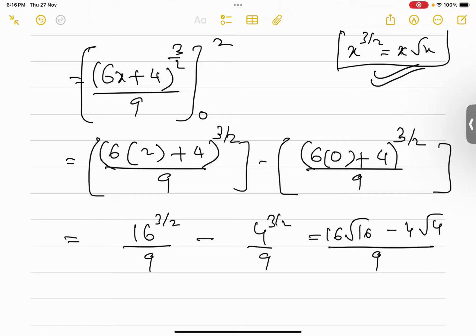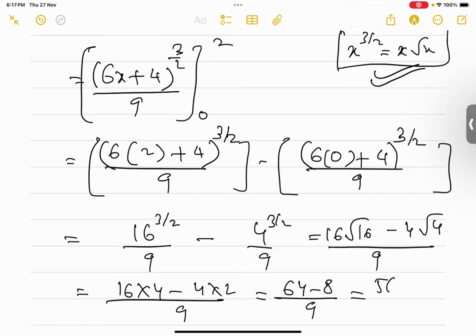You should remember this. So 16 into 4 minus 4 into 2 upon 9, 64 minus 8 upon 9, which is 56 by 9 square units.